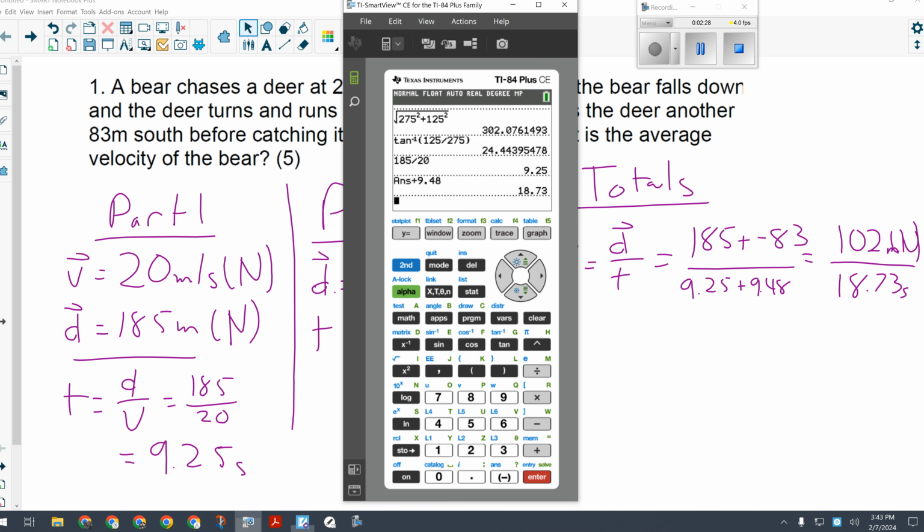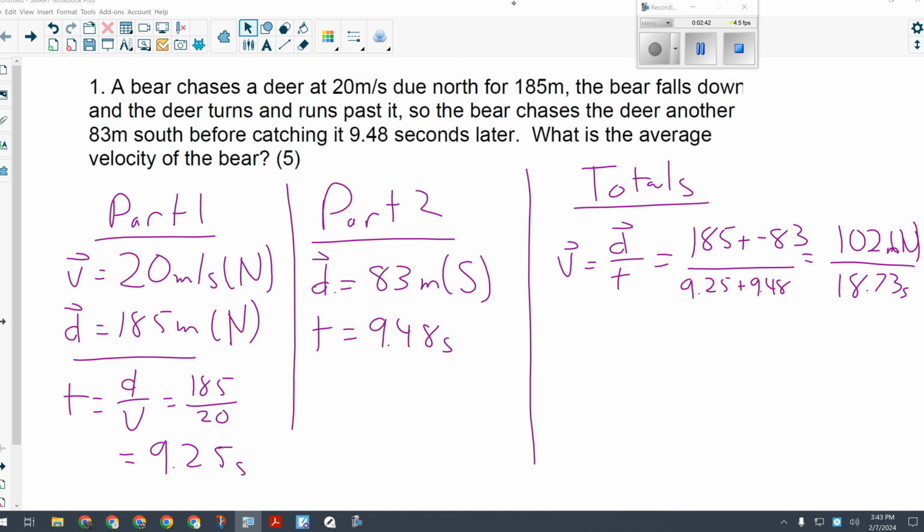And then it's simply 102 total displacement divided by my total time, for an average velocity of, to two significant digits, 5.4 meters per second north. The north is essential. You must have that on your answer.